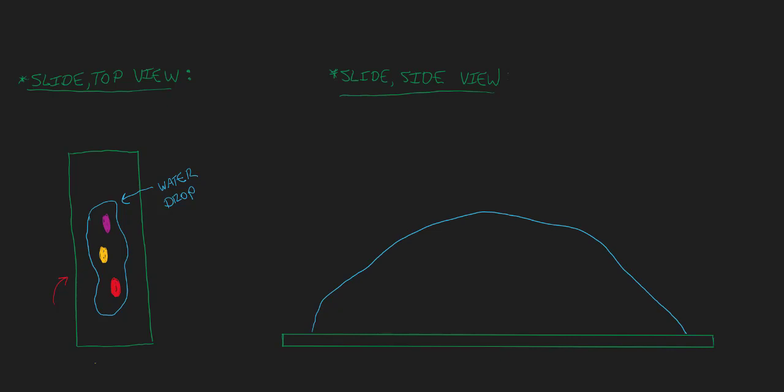Okay? And floating in that water droplet, you have your microorganisms. But one of them is a lot closer to the top of the droplet than the others. One of them is a lot closer to the bottom, sort of sticking to the glass. And our last one is sort of halfway in between, kind of in the middle of the droplet.